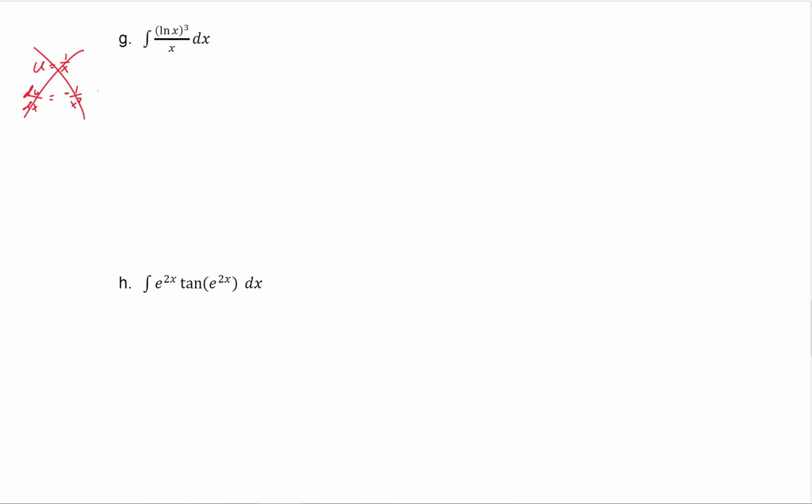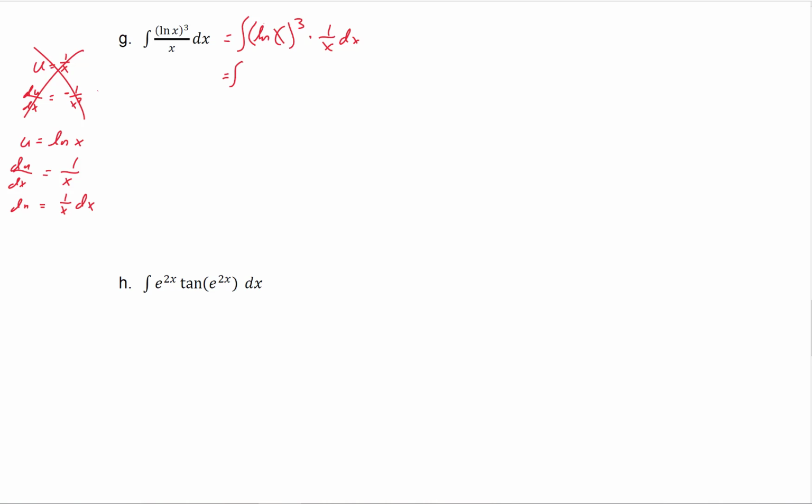But what do we know? Think again about the relationship between natural log x and its derivative. If we let u equal natural log x, then du over dx is 1 over x. So du equals 1 over x dx. Looking at this integrand, this becomes the integral of natural log of x to the third power times 1 over x dx, rewriting it like that.